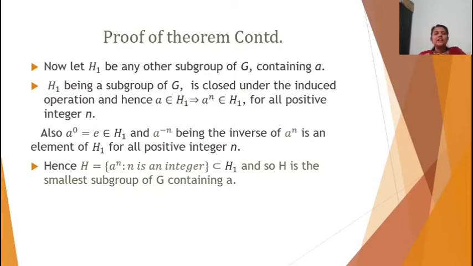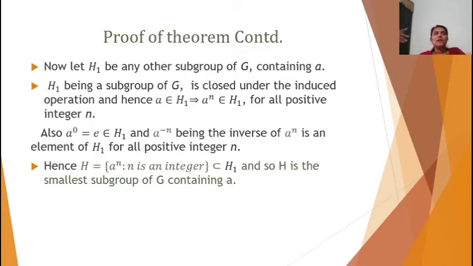Next, let H1 be another subgroup of G containing a. H1 being a subgroup of G, it is closed under the induced operation. So a an element of H1 implies a raised to n is an element of H1 for all positive integers n.